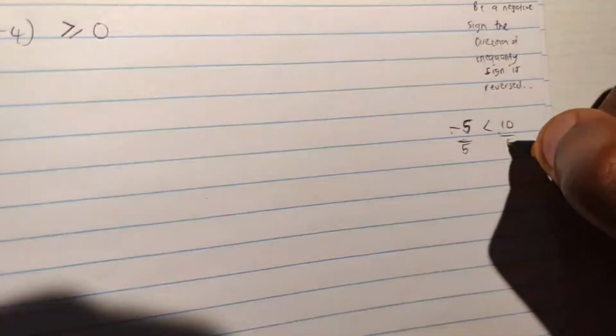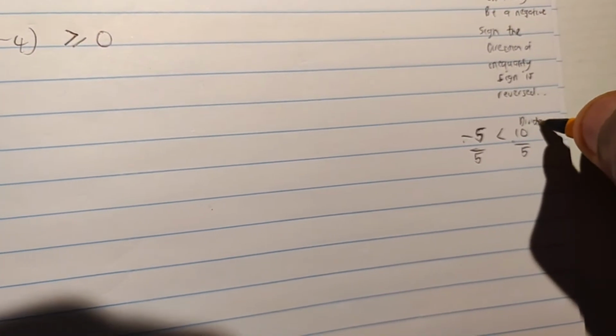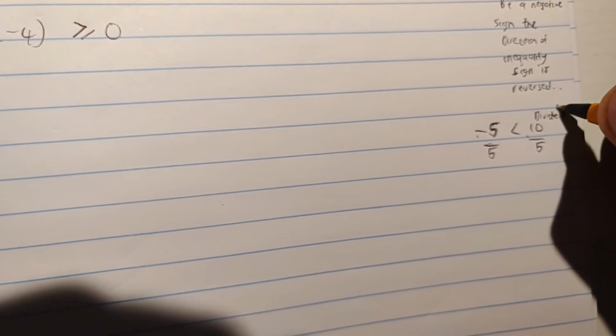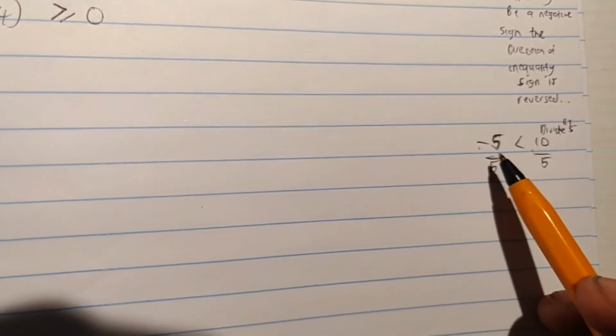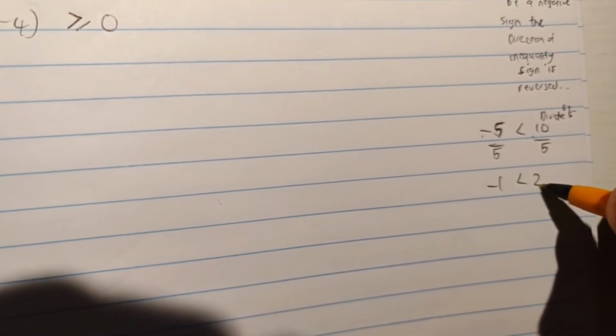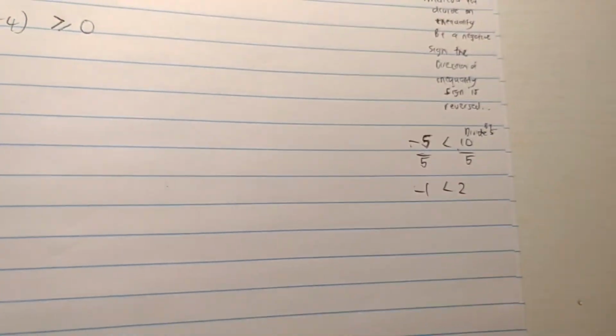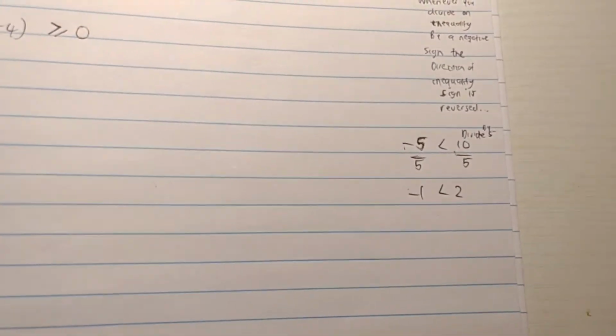Now we are dividing by a positive number. When we divide by positive 5, we get negative 1 is less than 2. The question is, is this still true? Is negative 1 really less than 2?